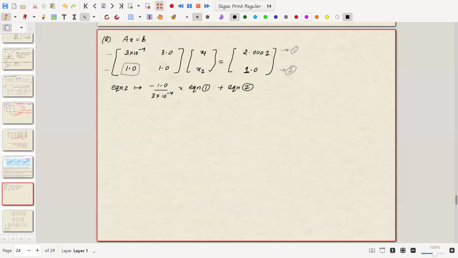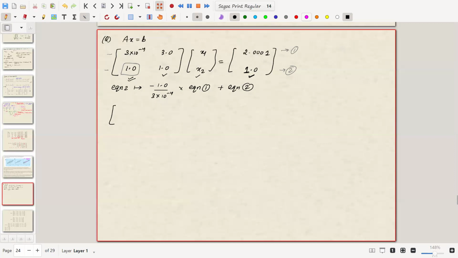If you do this, can you visualize what is happening to this element? This element is transforming to 0. And similarly, this element and this element will also get affected. How does it get affected, can you tell?